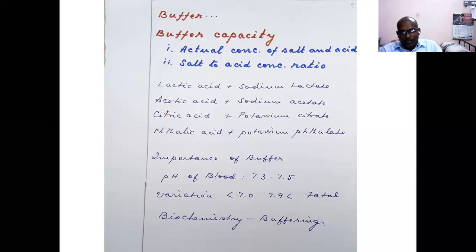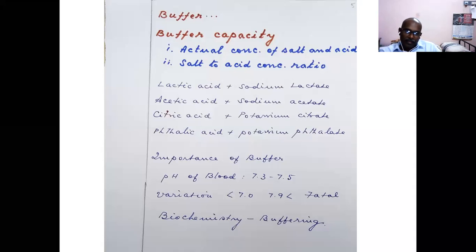So the actual concentration of salt and acid, these are the factors which affect the buffer capacity. The actual concentration of salt and acid, and also the salt to acid concentration ratio. These are the two factors which affect the buffer capacity. Actually, the buffer is of high importance in biochemistry.